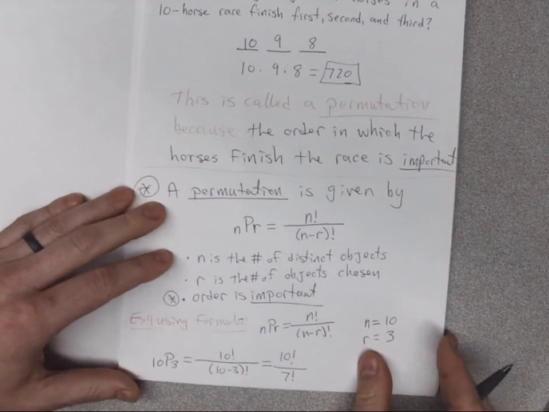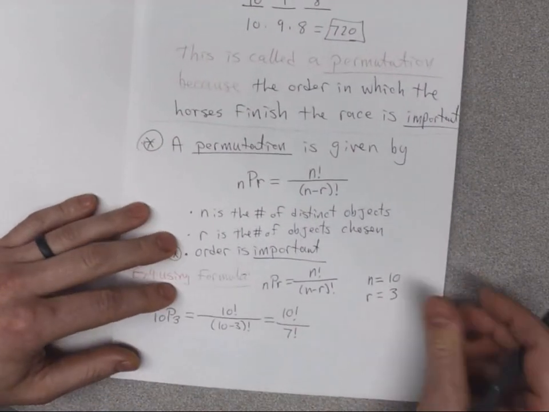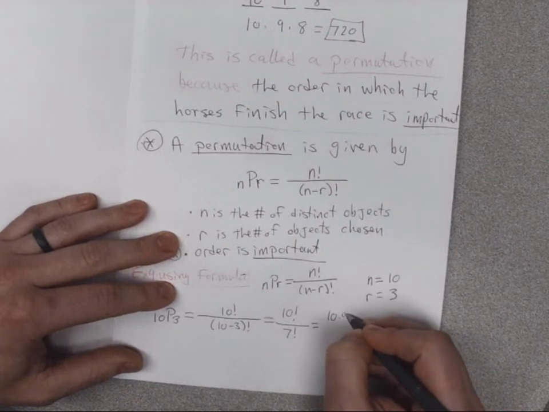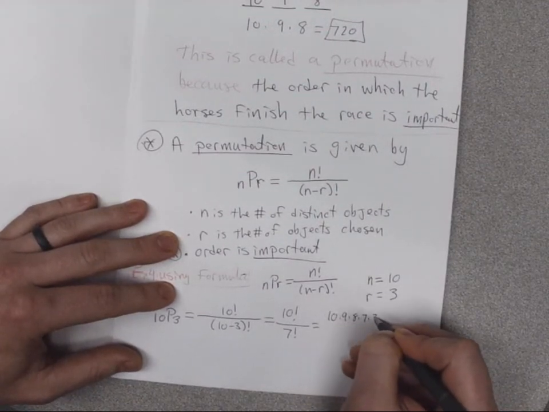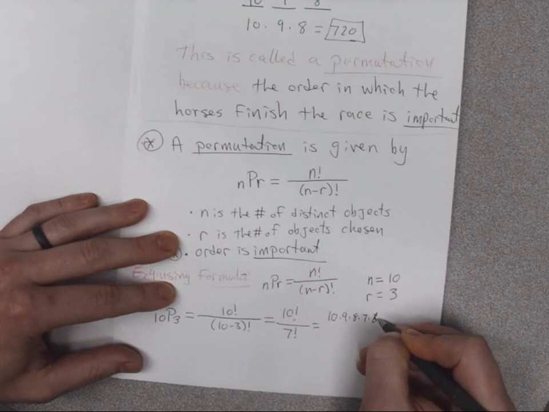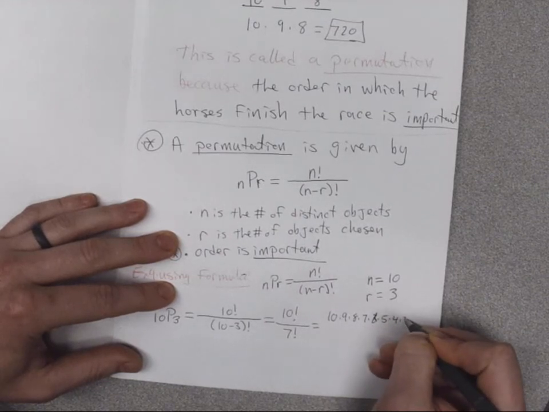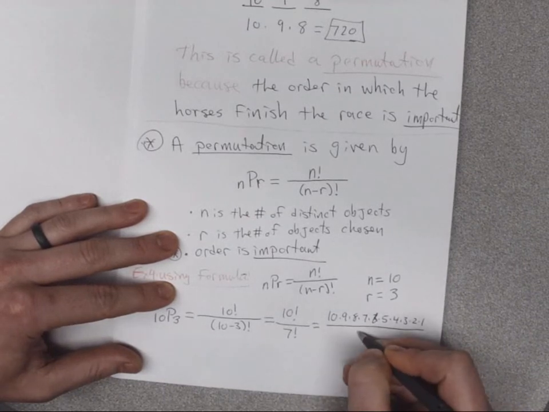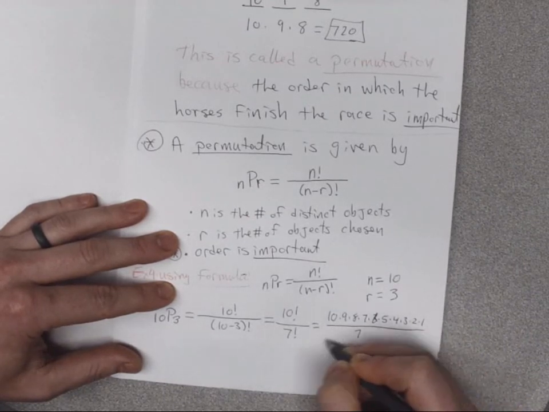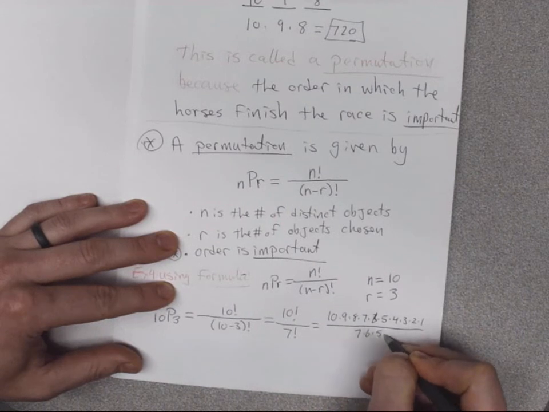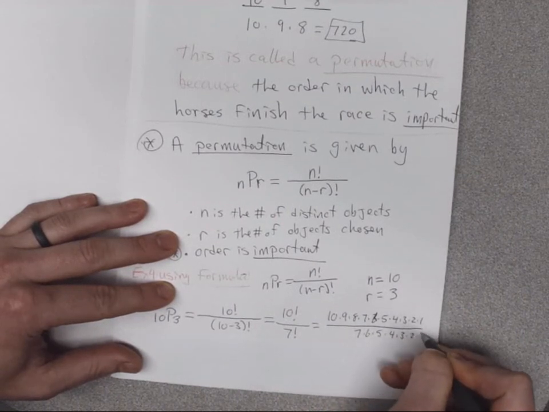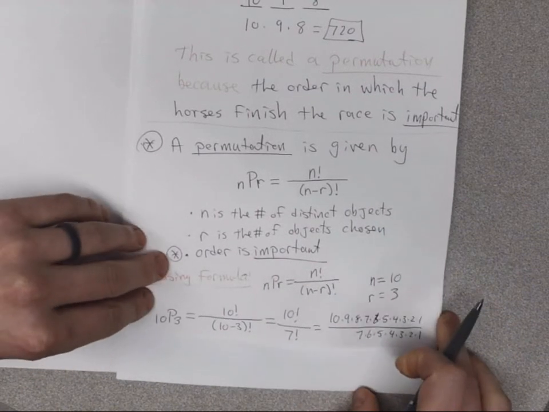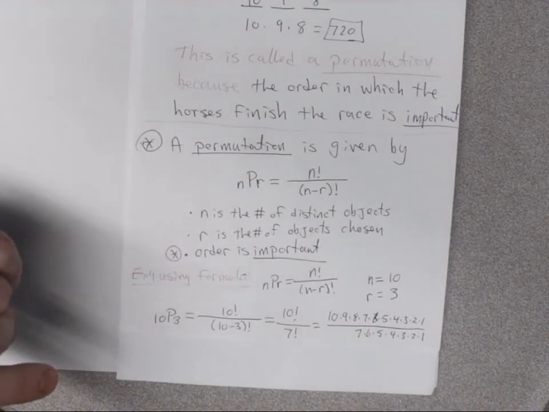If we were to write this out, we would get 10 times 9 times 8 times 7 times 6 times 5 times 4 times 3 times 2 times 1 divided by 7 factorial, which is 7 times 6 times 5 times 4 times 3 times 2 times 1. You won't always have to write this out like that; you'll eventually learn how this is going on in your head.